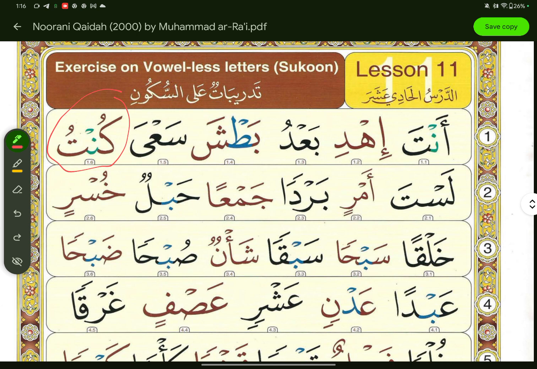Let's see. Next one is... Is that a ... ? No, that's not a. It is a noon, here in the middle. Just look at it like the short version of the written thing. It's because it's colored, but in the short version it's actually like this.